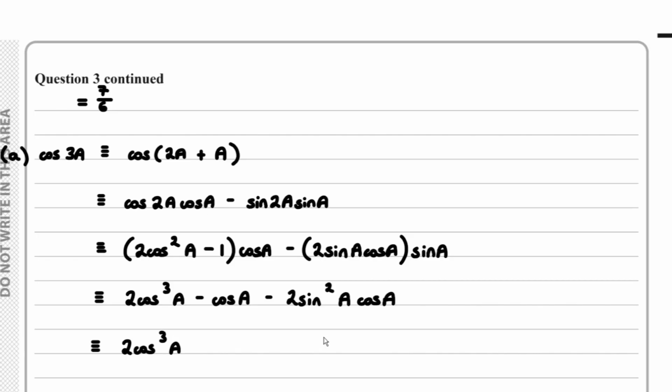And what we can now do is replace the sine squared with 1 minus cos squared. So we have the result shown here, and don't forget we still need to multiply by cos a.